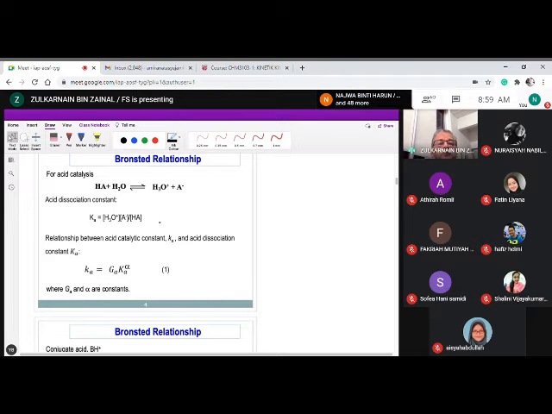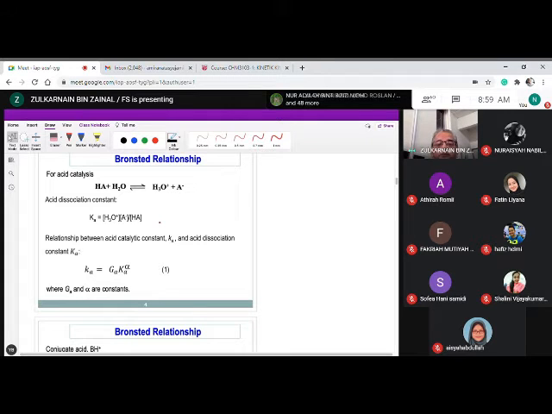And also we know for certain weak acids, we also have the degree of dissociation of the acid, right? Degree of dissociation of the acid. So we normally relate the strength of an acid to its Ka value, right? Because the Ka value will tell you how much H plus or H3O plus you will get in a solution or in water, for example.